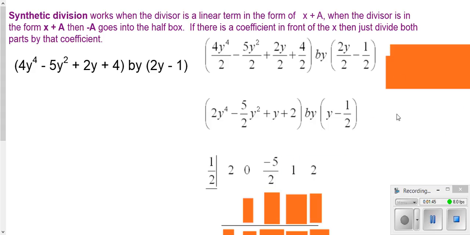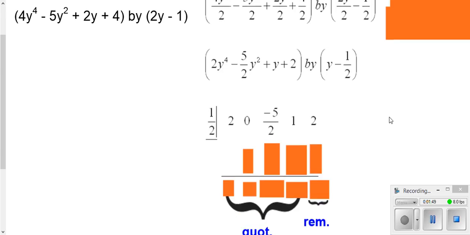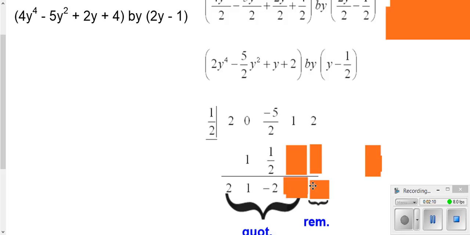And then, once again, all we have to do is add and multiply. So I'll add down. 1/2 times 2 is 1. Add down. 1/2 times 1 is 1/2. -5/2 plus 1/2 would be -2/2. Well, -2/2 is -2.